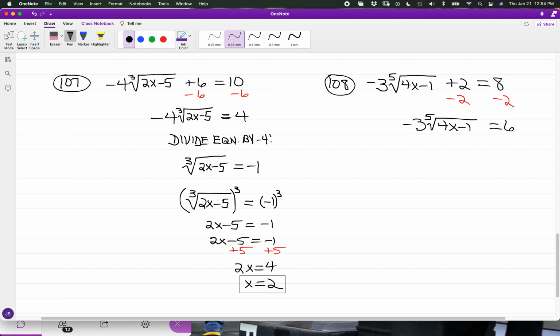And 6 over negative 3 is going to be an integer. So if I divide the equation by negative 3, we have the fifth root of 4x minus 1 is equal to negative 2. I can continue since I have an odd root radical, which can reduce to a negative.